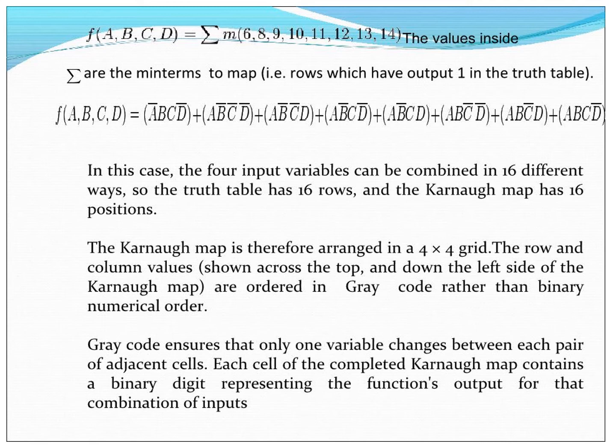The row and the column values shown across the top and down the left side of the K-map are ordered in gray code rather than binary numerical order. A gray code ensures that only one variable changes between each pair of adjacent cells. Each cell of the completed K-map contains a binary digit representing the function's output for the combination of inputs.